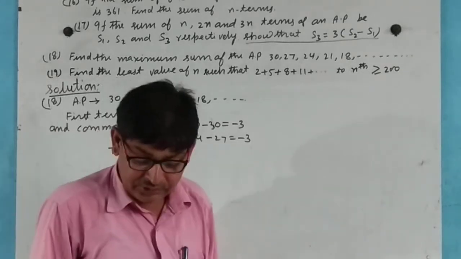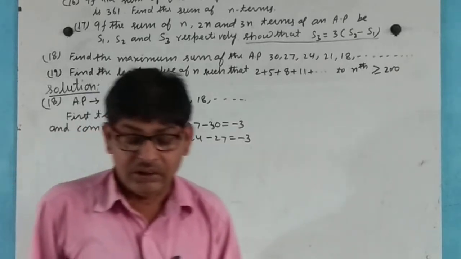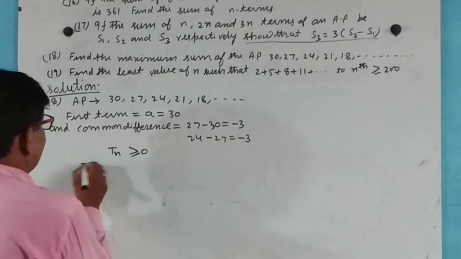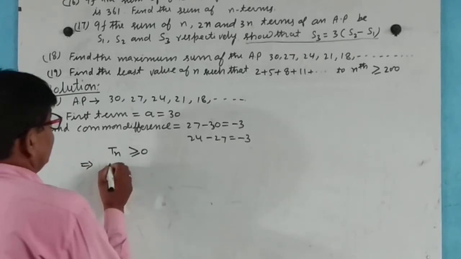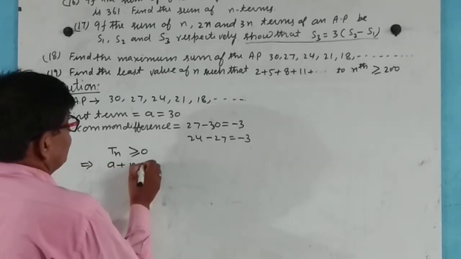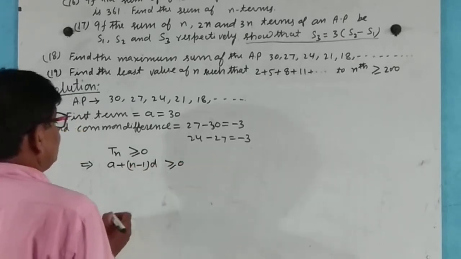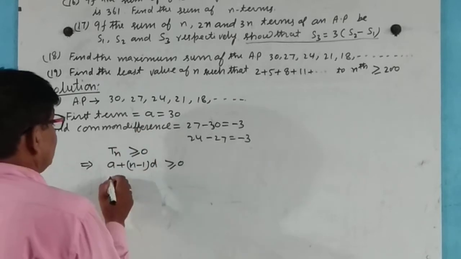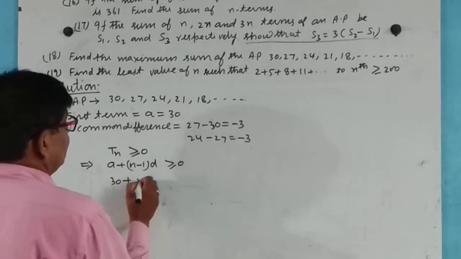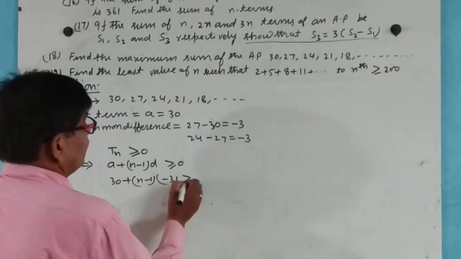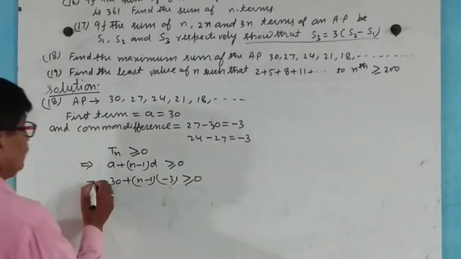Here in this case Tn greater than or equal to 0, it means that a plus (n minus 1) into d is greater than or equal to 0. Now a equal to 30, plus (n minus 1) into d, where d equal to minus 3, greater than or equal to 0.